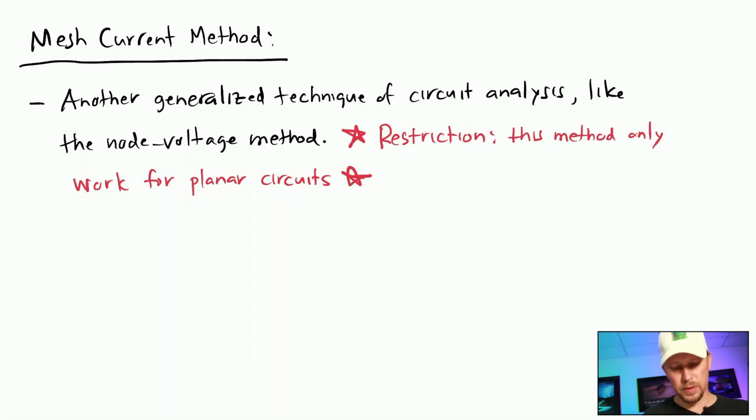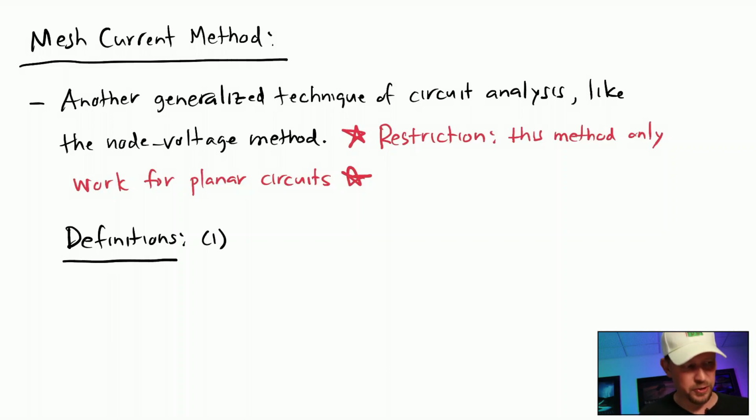Now let's move on to the definitions that we really need to lay down. The first definition is, well, if it only works for a planar circuit, then what in the world is a planar circuit, right? Let's be very clear with our terms.